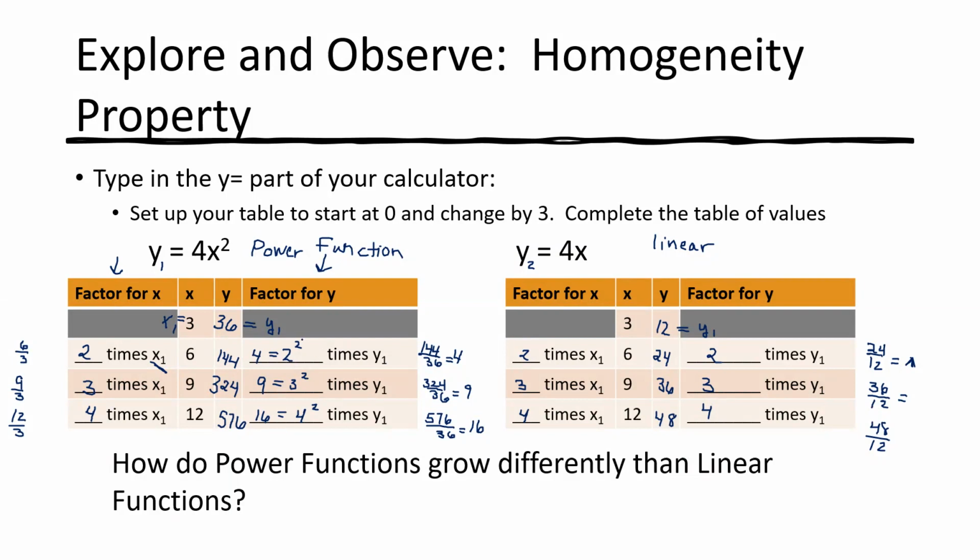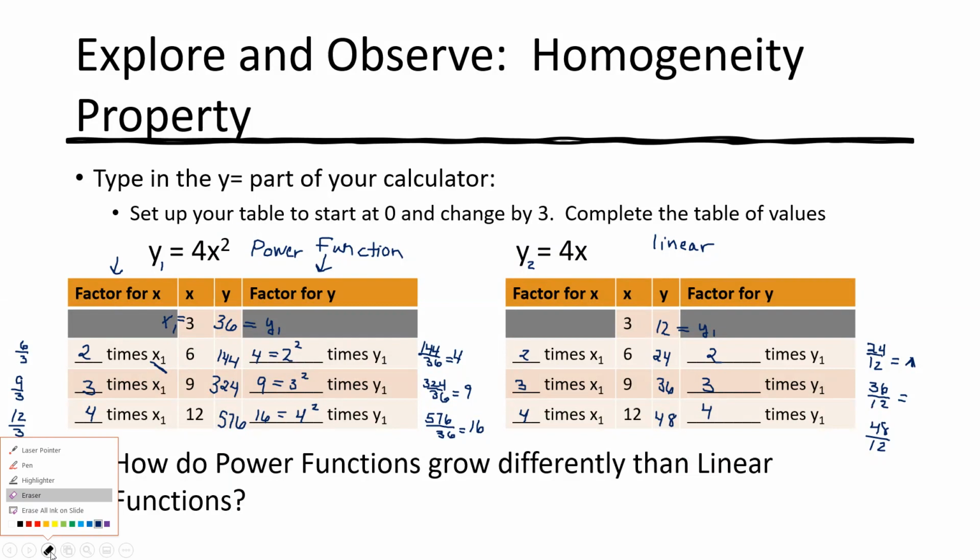The exponent on them, which is always 2, matches the exponent up here in my power function. So my power function had an exponent of 2, and when I looked at how x changed compared to how y changed, I see that it's always changing with that exponent of 2.